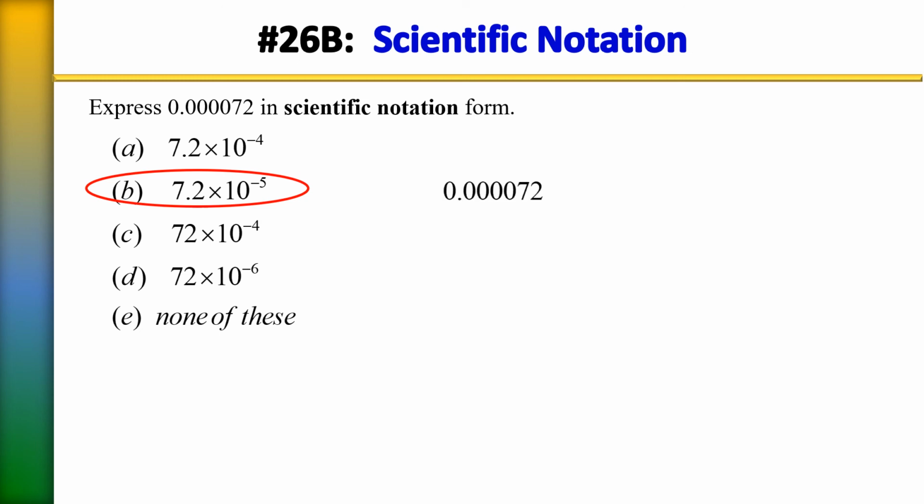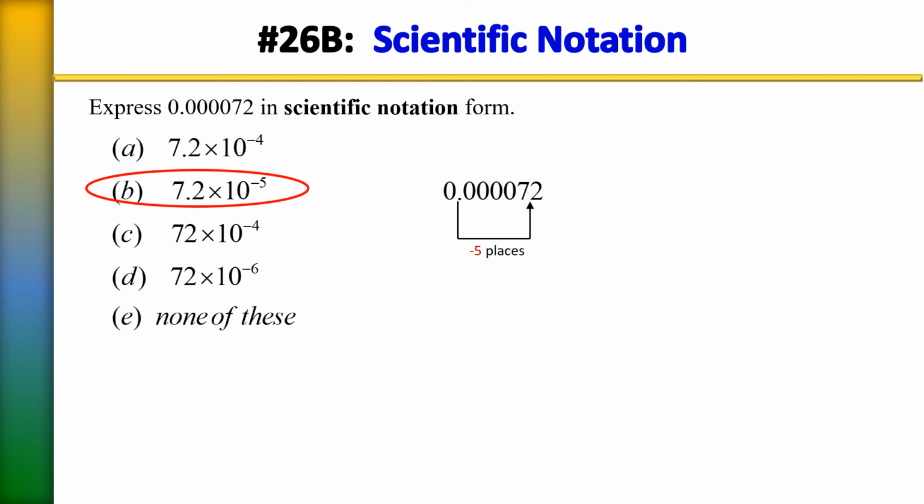So if the original number is less than 1, the 10 base is going to be a negative number. And then if the 10 base is greater than 1, you will use a positive power. In terms of the decimal, it must be a number that is greater than or equal to 1, but less than 10. So to express this particular number to be a number between 1 but less than 10, I would need to move between the 7 and the 2.